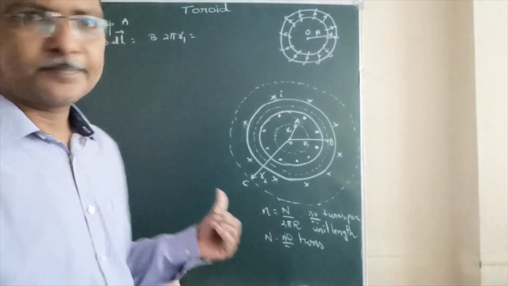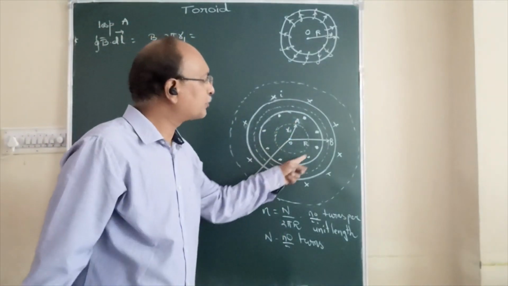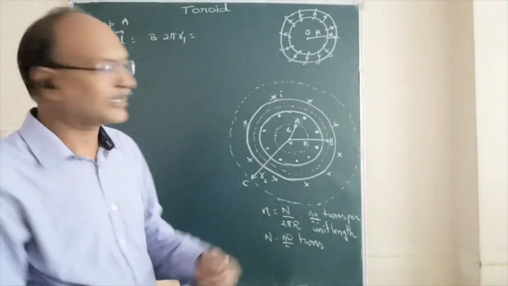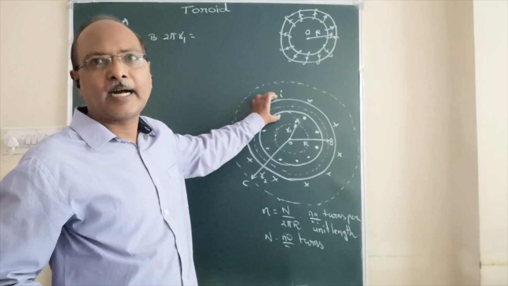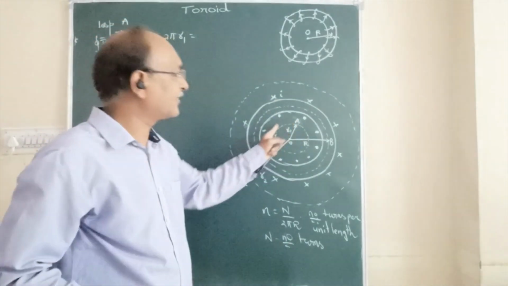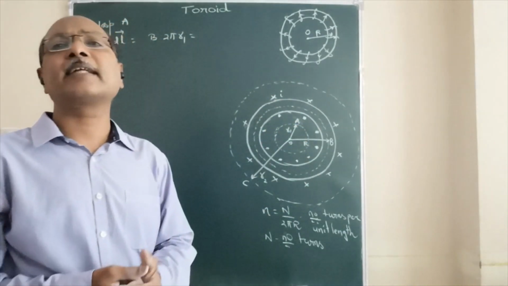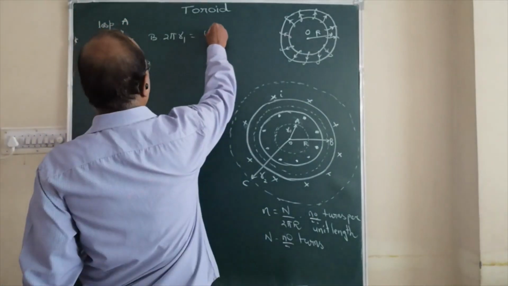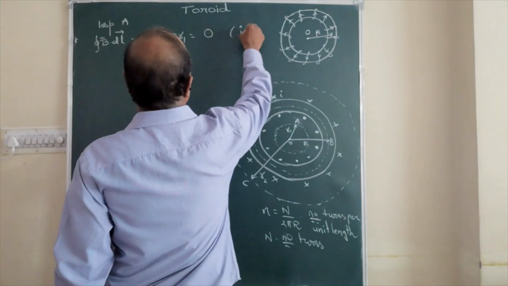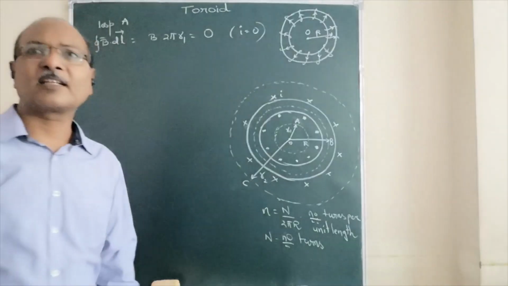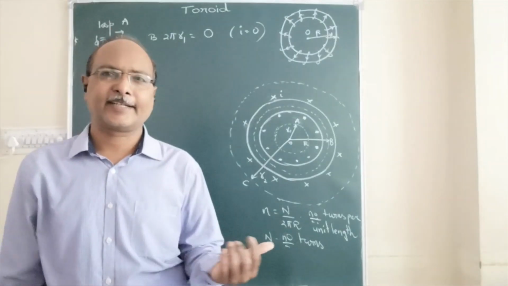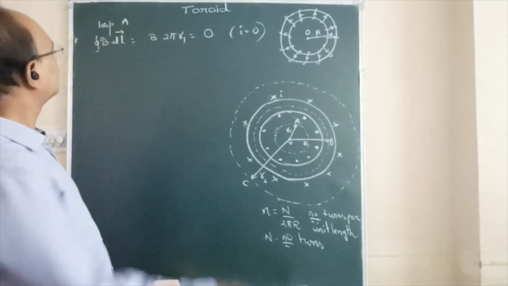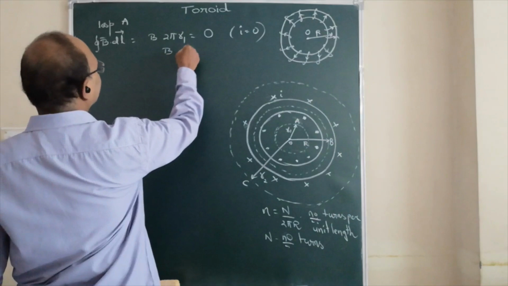Now here this Amperian loop does not enclose any current because the currents are shown here and the loop is completely inside. So it is not enclosing any current. Therefore, the net current enclosed will be 0. That's why B into 2 pi R1 is equal to 0. Therefore, B is equal to 0.